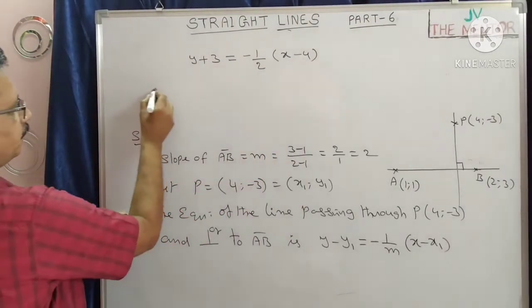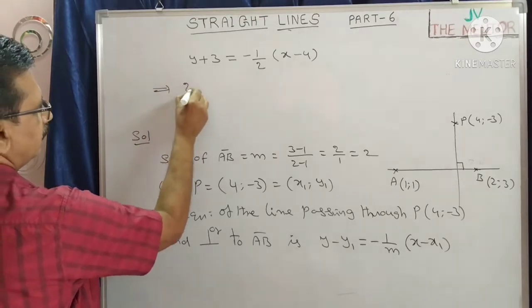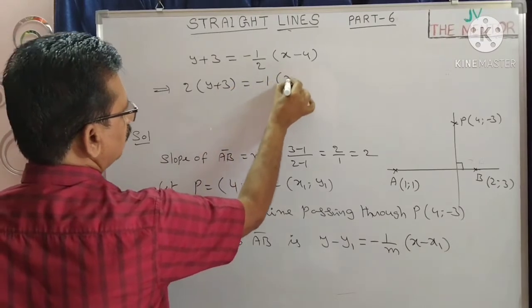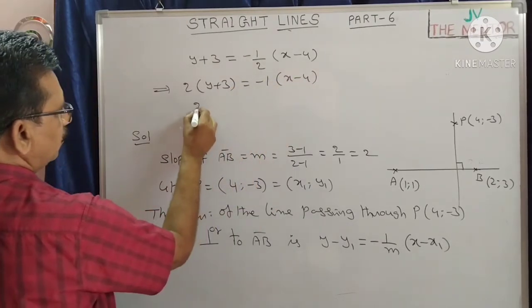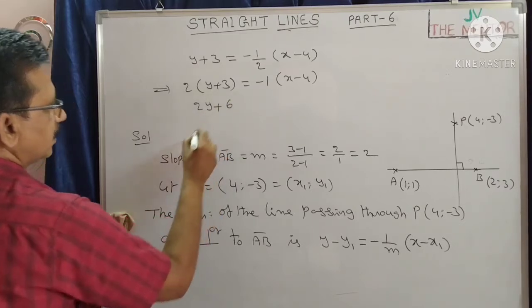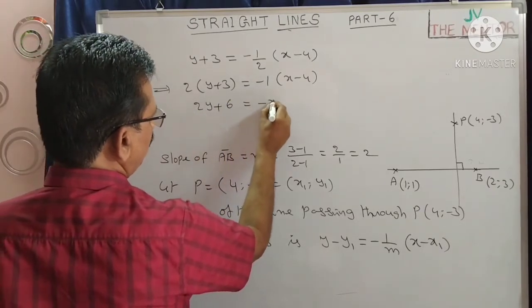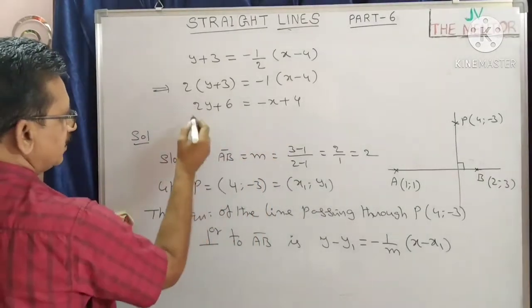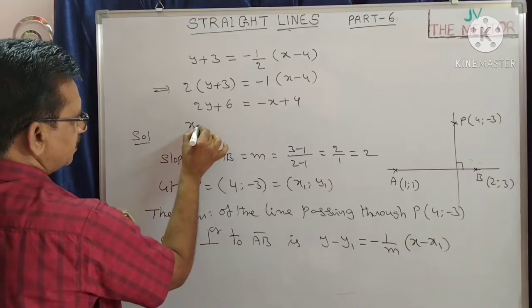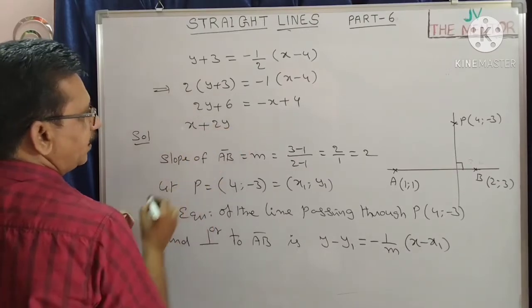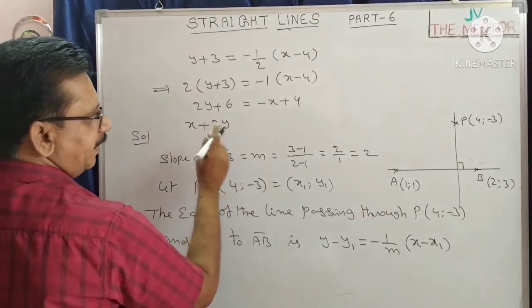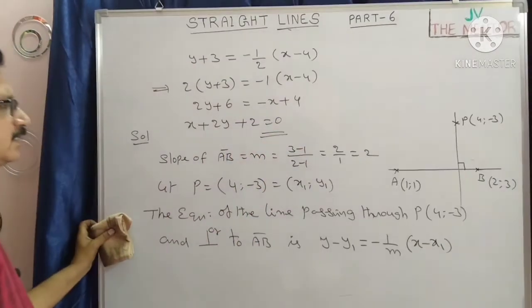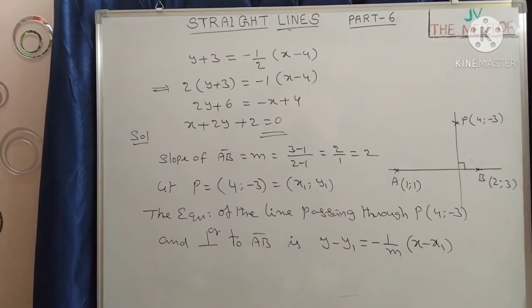Cross multiply: 2 goes to this side. 2 into y plus 3 equals minus 1 into x minus 4. 2y plus 6 equals minus x plus 4. Bring minus x to this side and 4 to this side. x plus 2y plus 6 minus 4, so x plus 2y plus 2 equals 0. This is the equation of our required line.